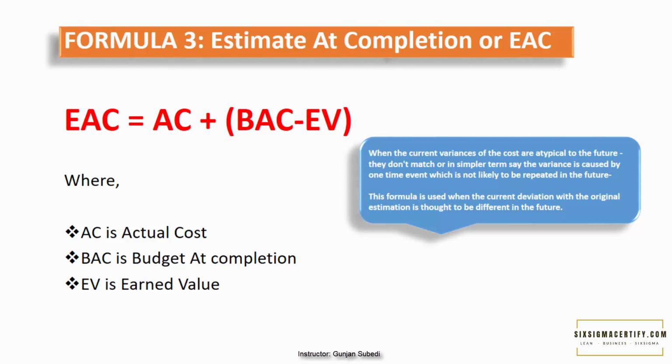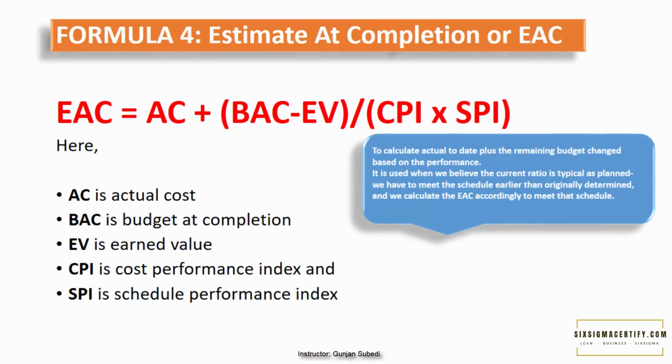What we do in that case is we add up all the actual cost till date and then add the remaining budget to that cost. So this BAC minus EV, this term is the remaining budget. So making a summary, this formula is used when the current deviation with the original estimation is thought to be different in the future.